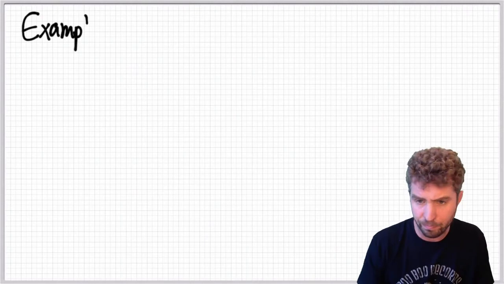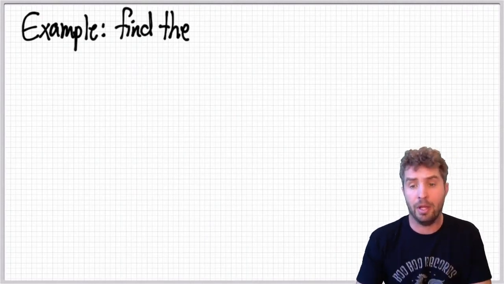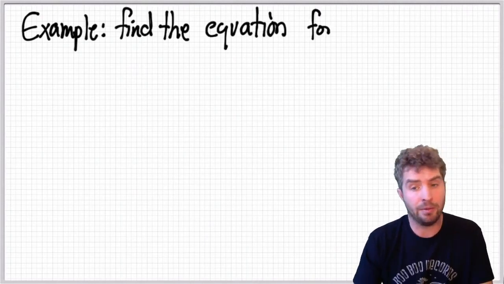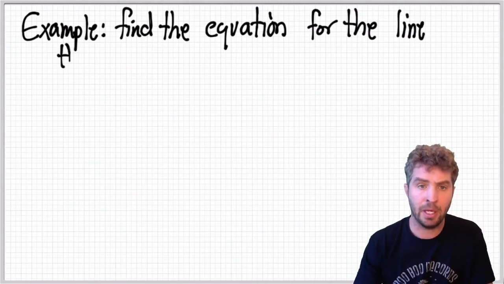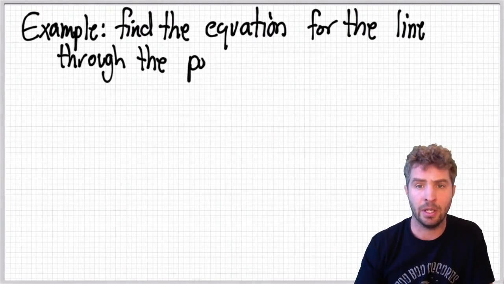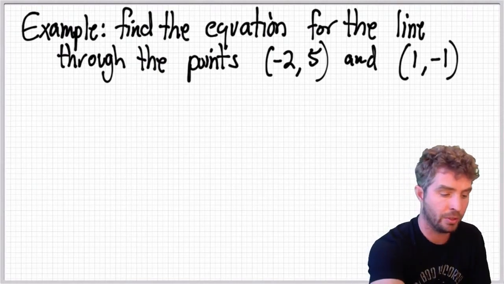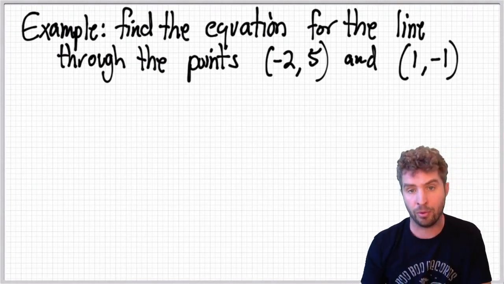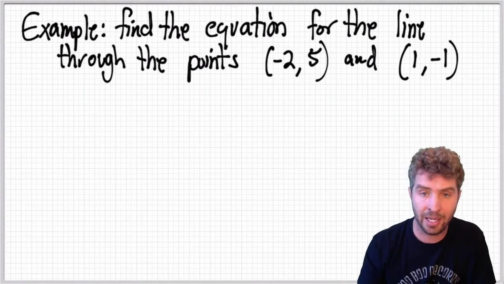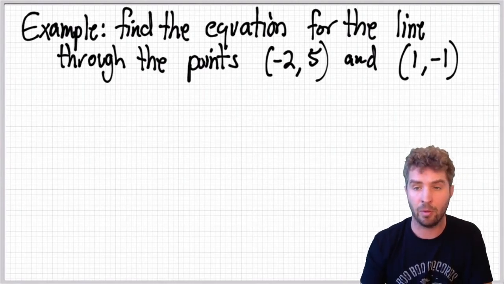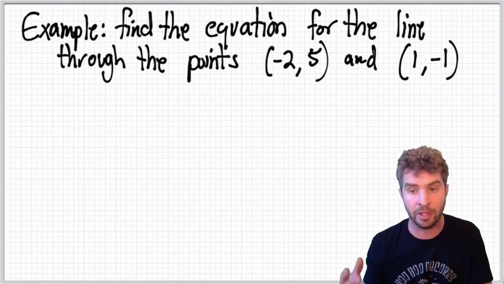For this example, and you'll probably see lots of problems like this, you'll be asked to find the equation for the line through a couple of points like this. So we have -2, 5, and then 1, -1. We need to find the line through that.